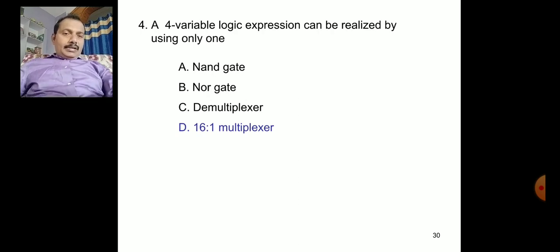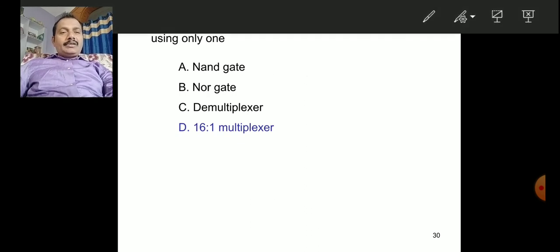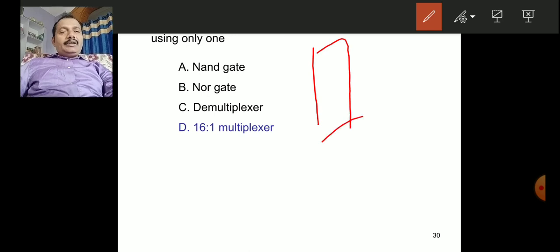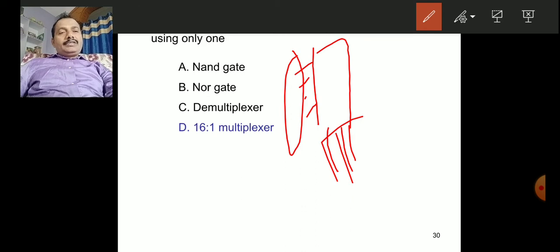That means any logic expression can also be implemented with multiplexers. The multiplexer is taken, and min terms are connected according to their values. The selection lines are the variables, their values are the inputs, and here is the output.